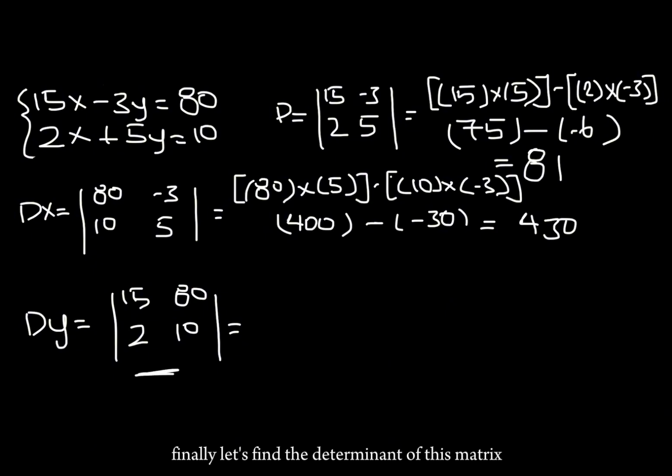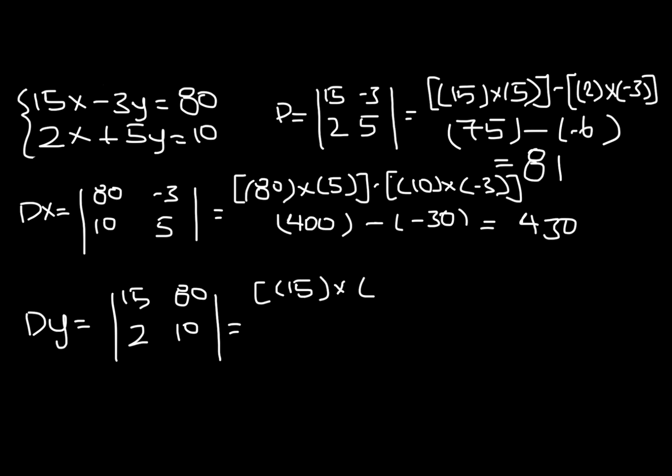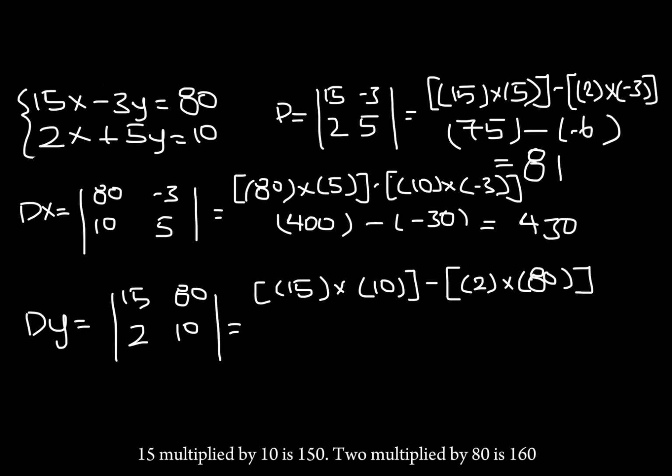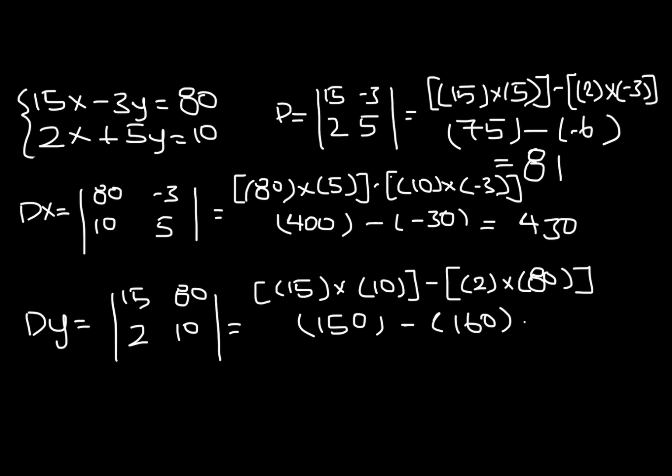Finally, let's find the determinant of this matrix. 15 multiplied by 10 is 150. 2 multiplied by 80 is 160. I prefer to add brackets to make sure not to mix up the signs. 150 take away 160 is negative 10.